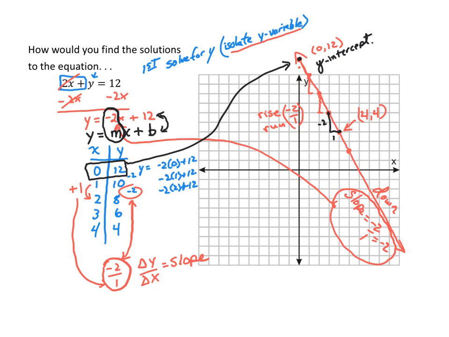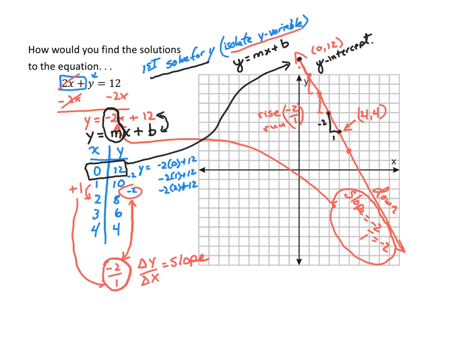Very nice. So we are going to solve for y to isolate the y variable. We're going to write the equation in this form, y equals mx plus b. Then we can use the b, the y-intercept, to begin drawing the line. B for beginning, begin there. And the m for how to move to get to the next point.